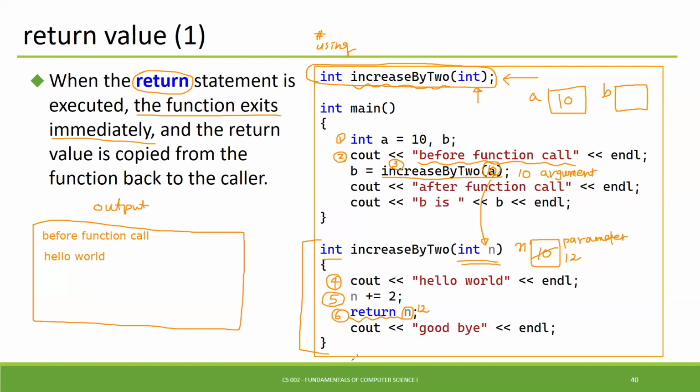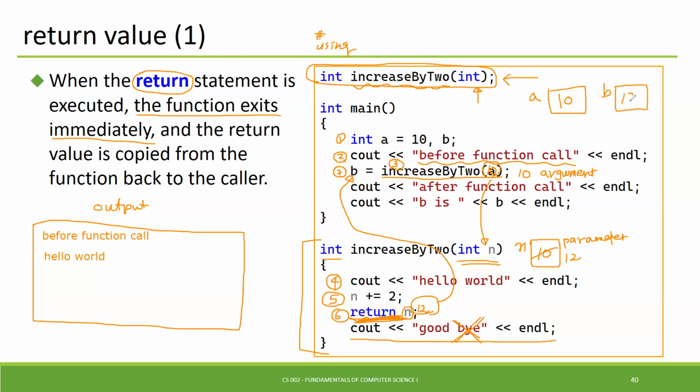So there is no way to print out goodbye. We cannot print out goodbye because return means go back to the main. So this line will be ignored and the number 12 will be passed to B. So at step 7, B has 12.